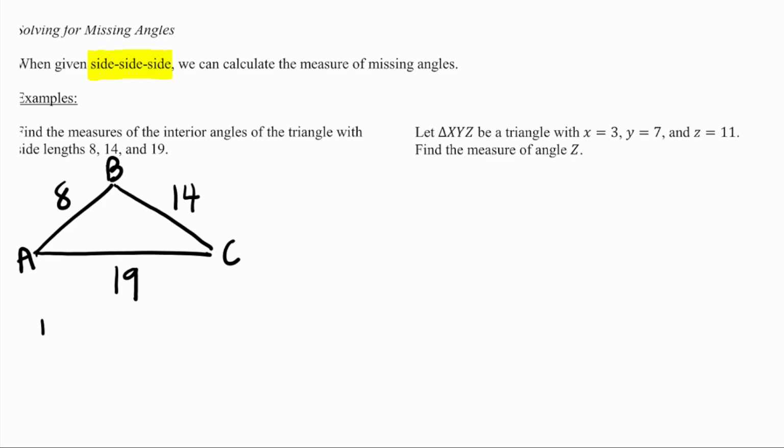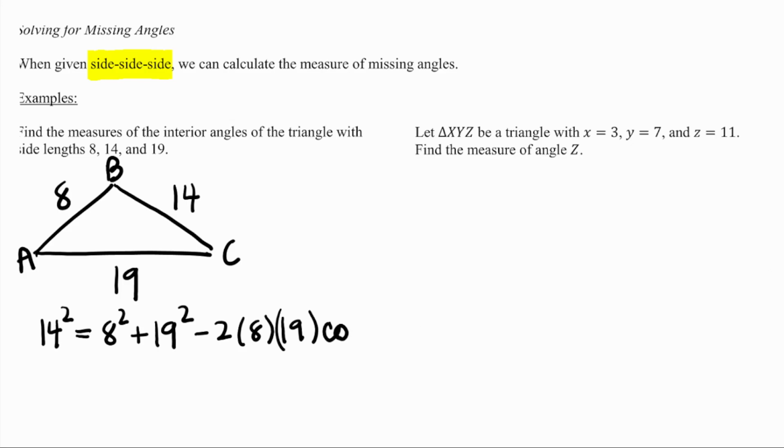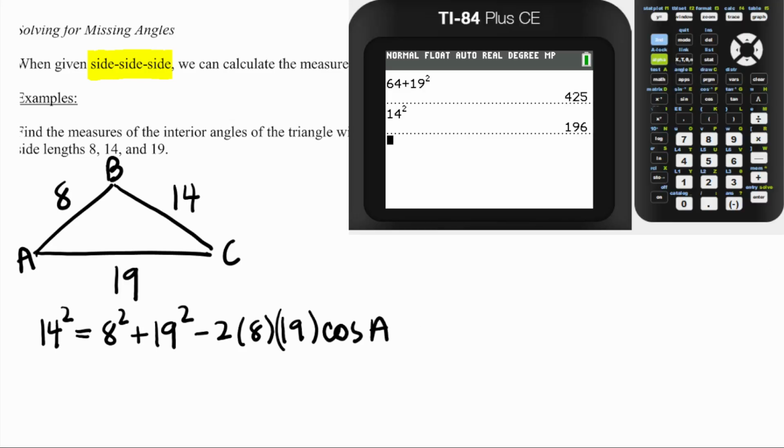Okay, so 14 squared, side A squared equals side B squared. I think that was backwards, but whatever. 14 squared, or 8 squared plus 19 squared minus 2 times 8 times 19. Oh, whoops. 2 times 8 times 19 times the cosine of A. And I can just kind of compute all of this stuff.